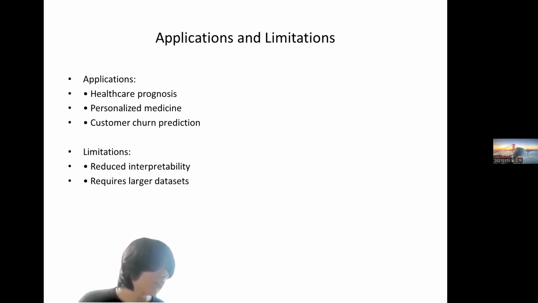In addition, neural networks typically require larger datasets and more careful tuning. Training deep learning models can also be computationally expensive. So, although DeepSurv improves flexibility and prediction performance, there is still a trade-off between performance and interpretability.